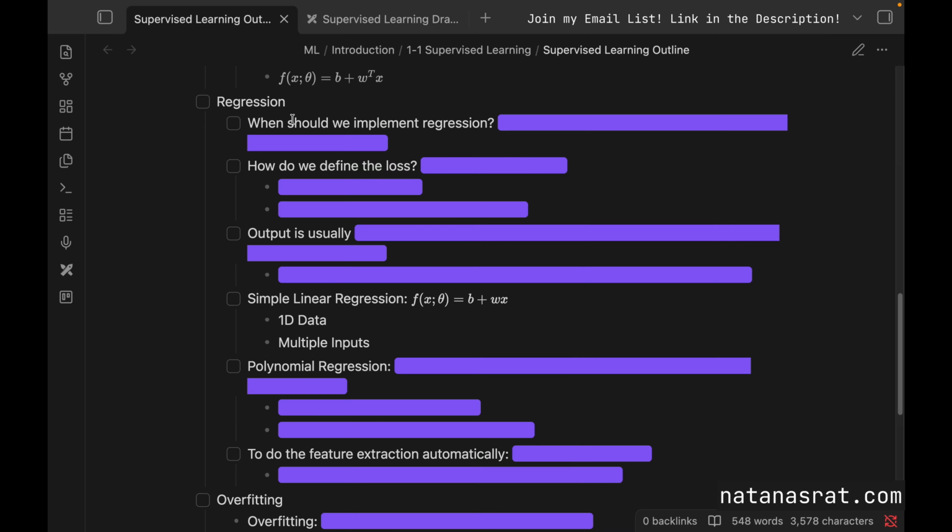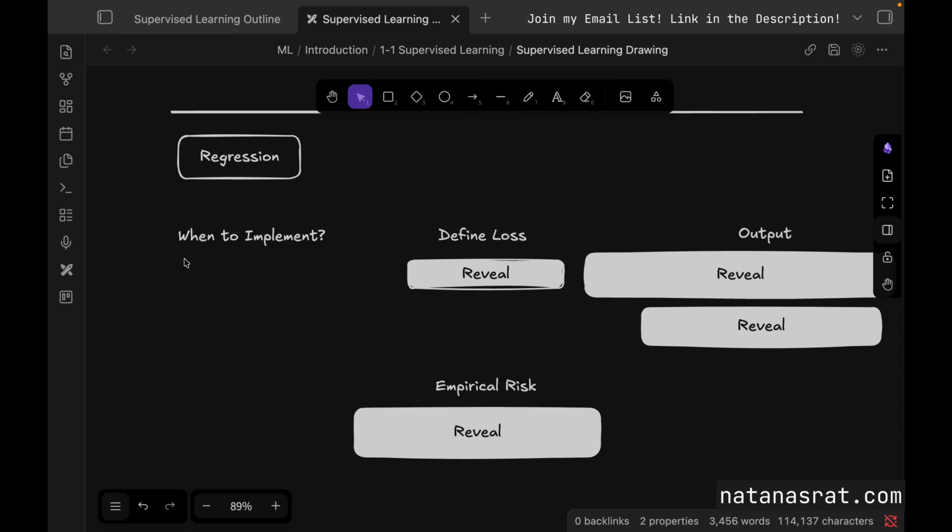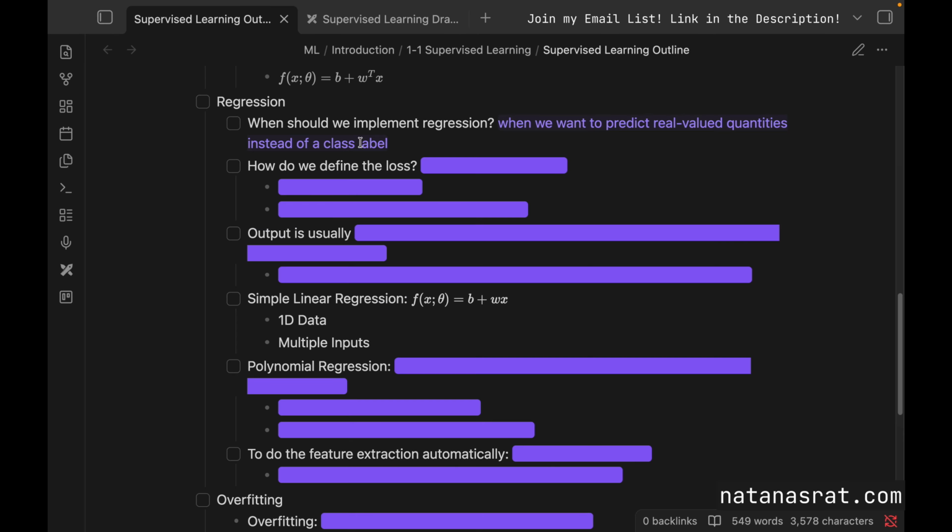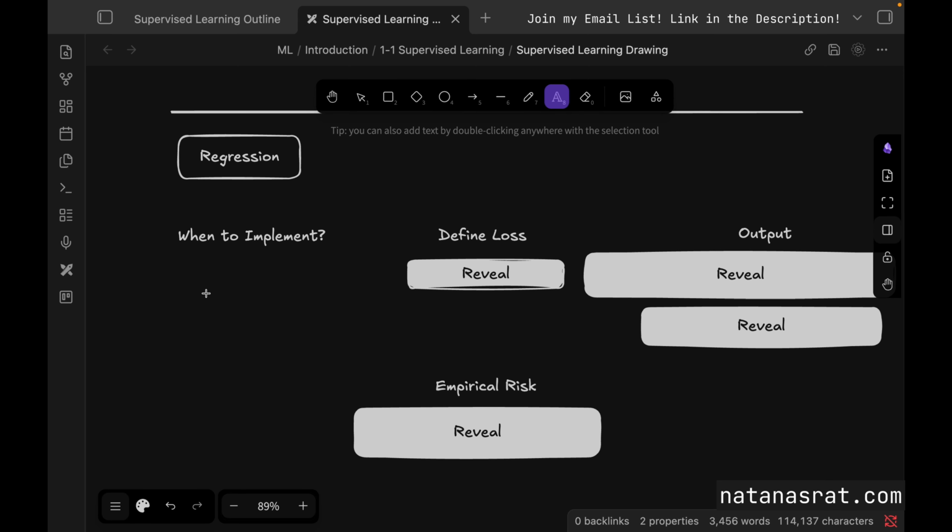So let's come to regression. When do we implement regression? We implement regression when we want to predict real valued quantities instead of a class label. Let's take a simple example where we have the width and height as the input for the model, and the output should be area.